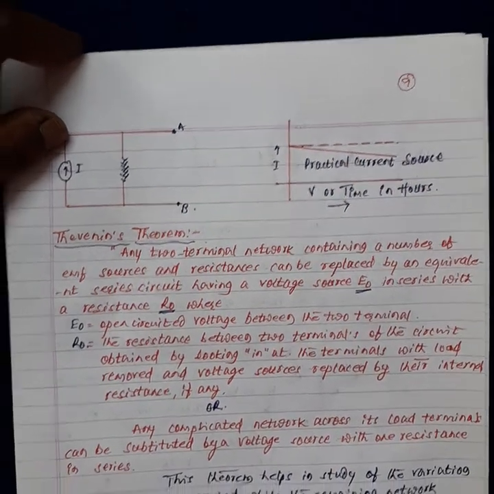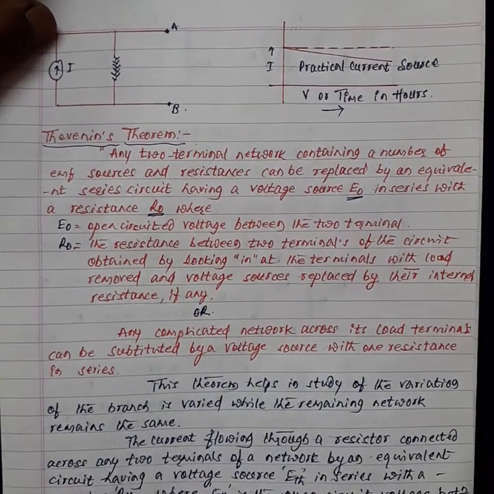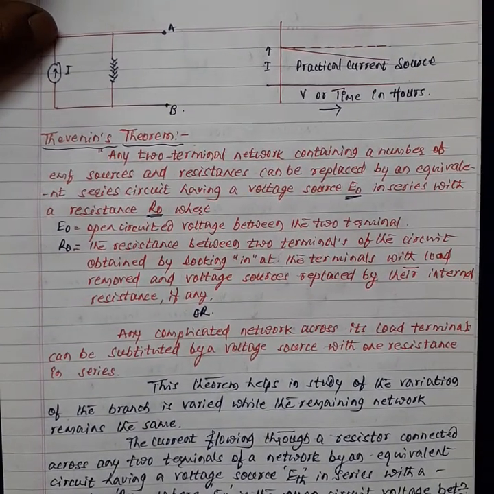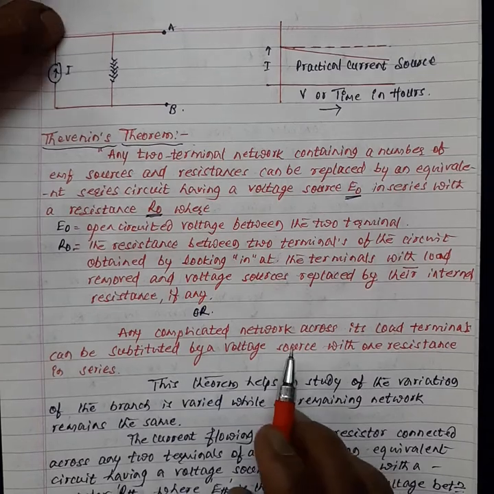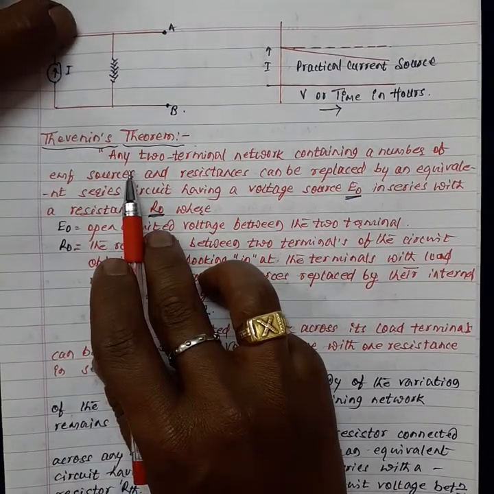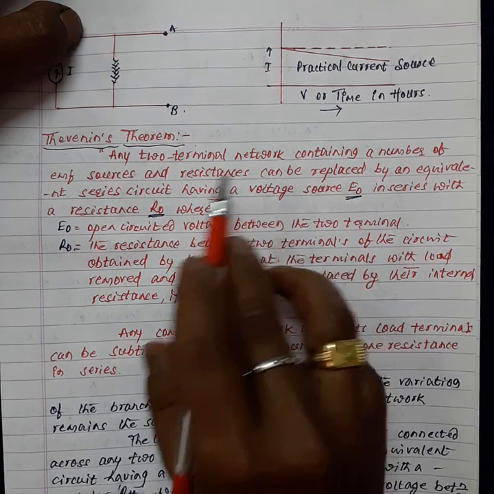Now let us go for Thevenin's theorem. What is Thevenin's theorem? Why are we using Thevenin's theorem? What are the uses of Thevenin's theorem? So here, any two-terminal network, you remember this?